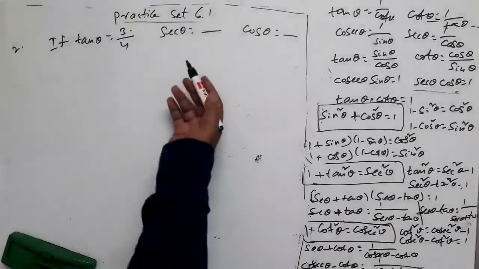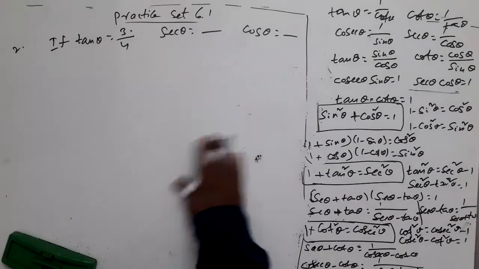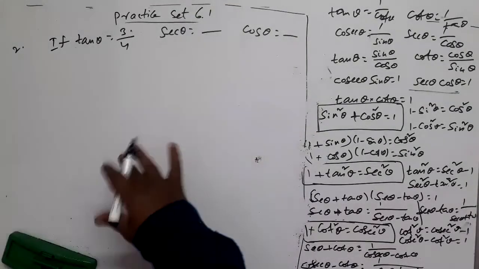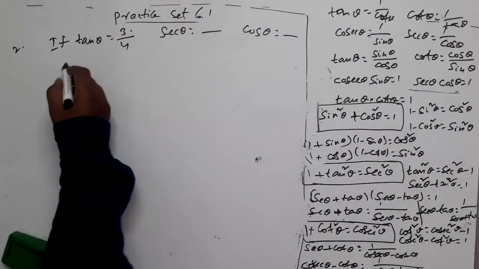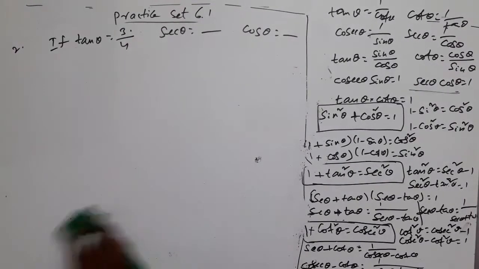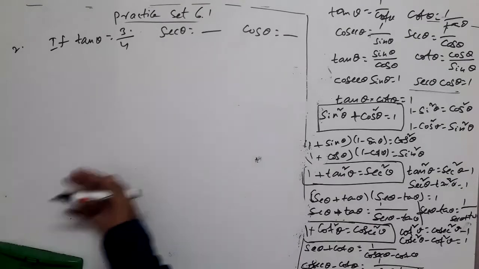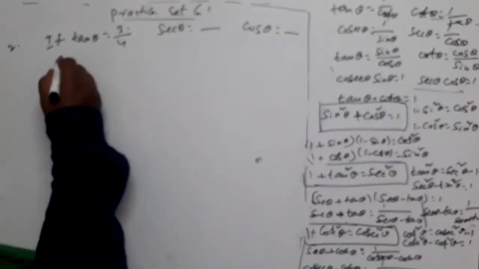You need to find the value of 2 more ratios. Same, you can solve in either of the methods. Let us do it in both methods. Whichever method is easier, follow that. If you find the first method easier, follow the first method. If you find the second method easier, follow the second method. No problem. Let us see the first method now.